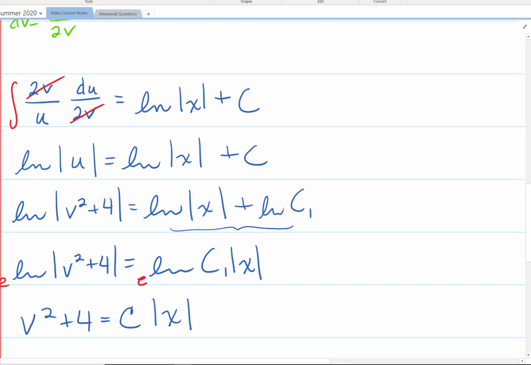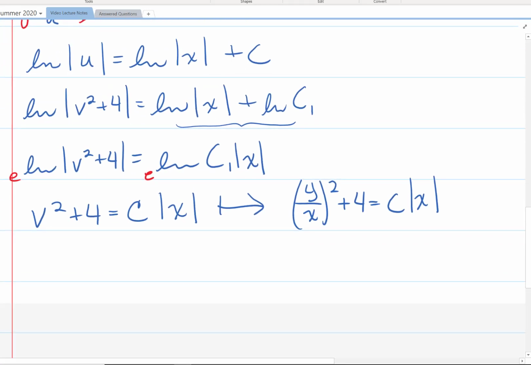And then now I can get back to my regular variables, realizing that v is y over x. And just one more little simplification gets me down to this right here: y squared plus 4x squared equals kx cubed as my implicit solution.